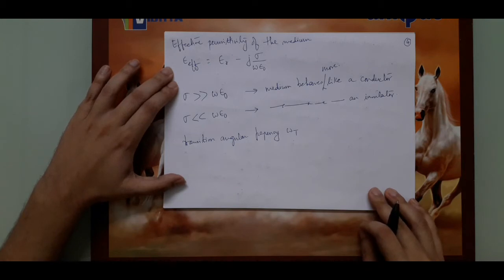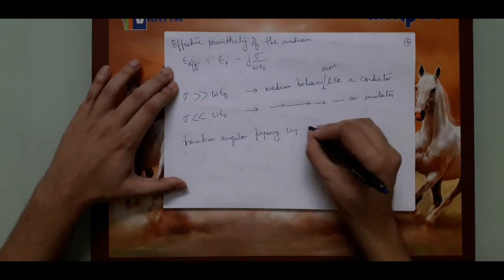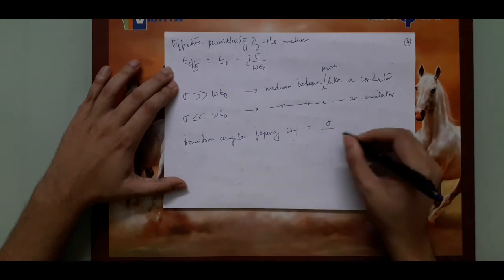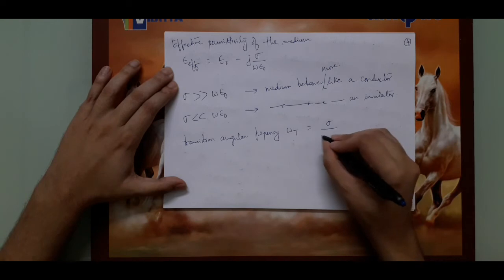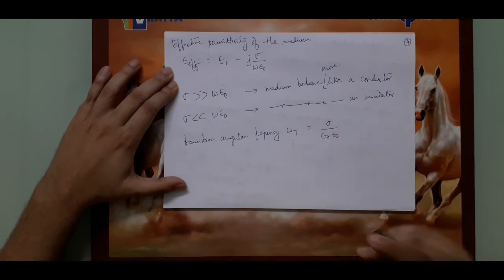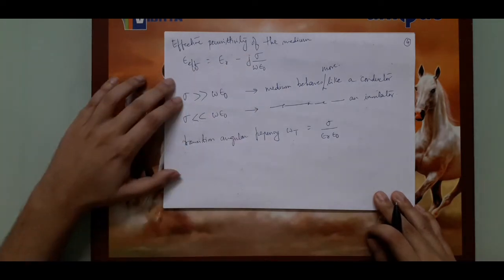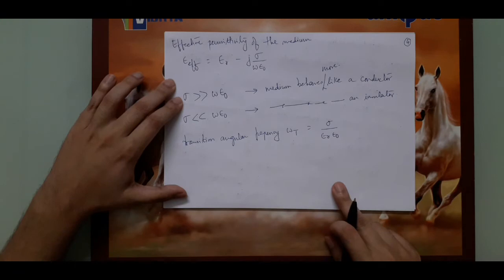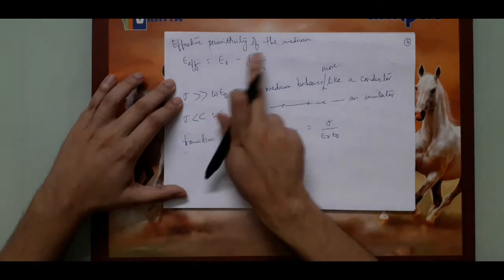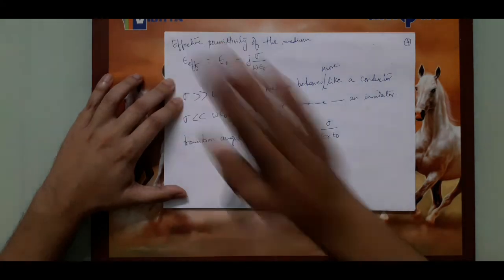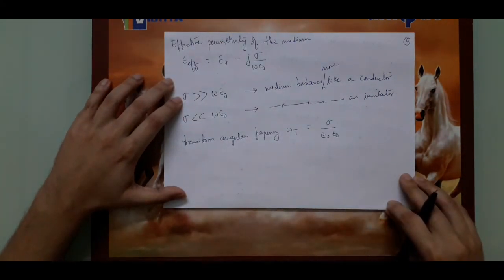We can define it in the following way: sigma divided by epsilon r epsilon 0. You can simply rearrange the terms and get this. We define the transition frequency as that frequency at which the real and imaginary parts of the epsilon become equal.